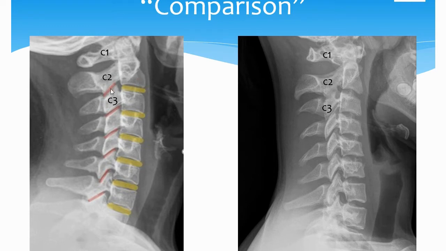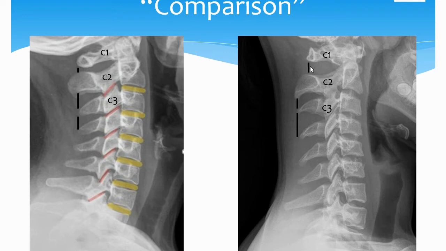Between C3 and C4, actually, there are 3 joints associated with that: one is the disc and 2 are the facet joints. The facet is very important, which we're going to look at in the following slide. And we'll look at the distances between the spine and also the curvature, as we mentioned.